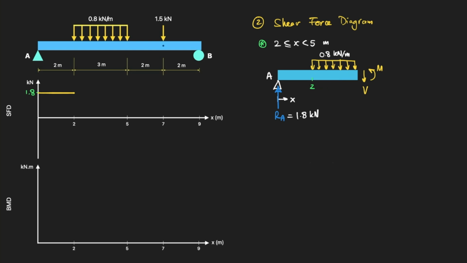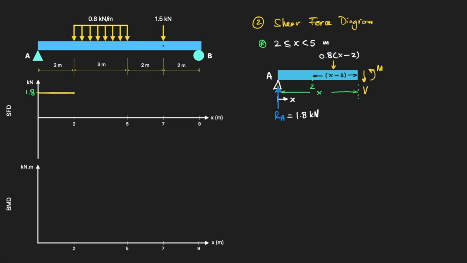Each arbitrary location here is at distance x from point A. So if our analysis is at this edge, which is x from A, then this segment length is x minus 2 meters. Thus, we can replace this distributed force with a single point load of magnitude 0.8 times (x minus 2), located at the midspan of this segment.